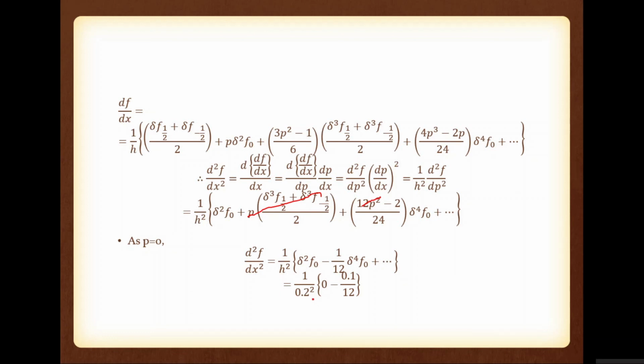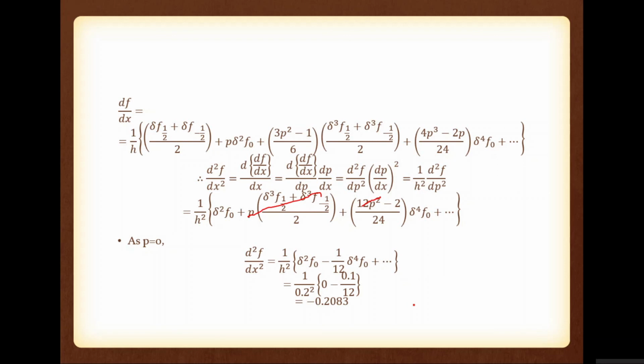So what is the value? Minus 0.2083. Very good. So please note, you have to write it as d square f by dx square at x equal to 0.5 is minus 0.2083. That is the final answer.